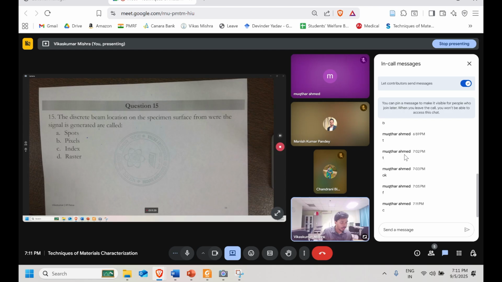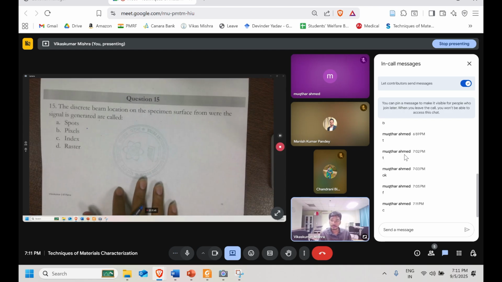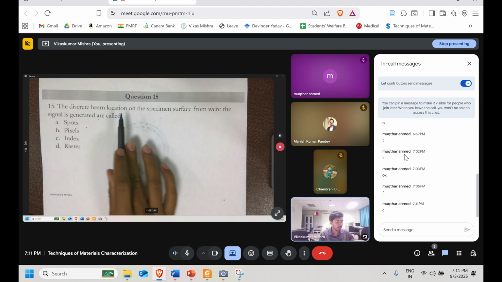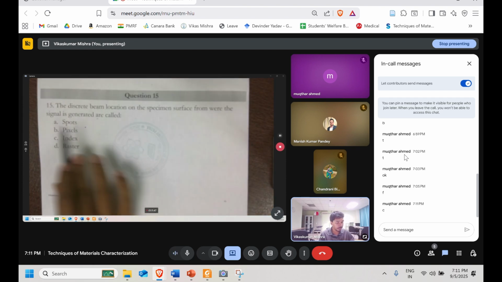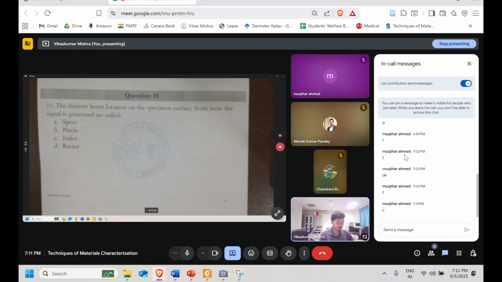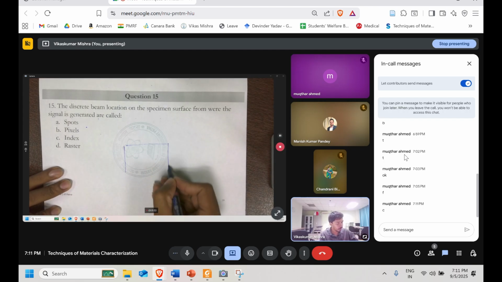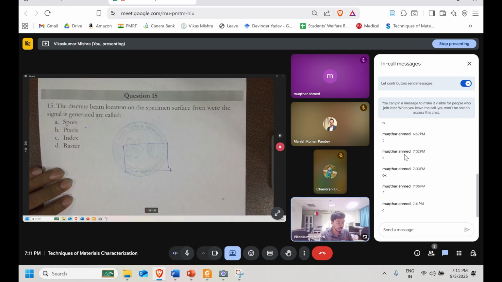Okay, great. Now the last question. The discrete beam locations on the specimen surface from where the signal is generated are called. We have the specimen surface from where we are generating the signal.